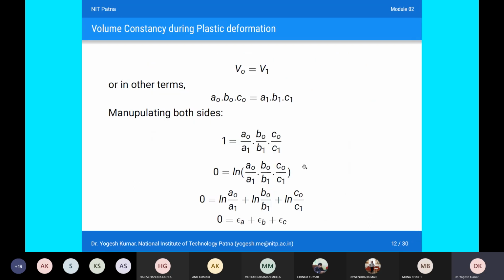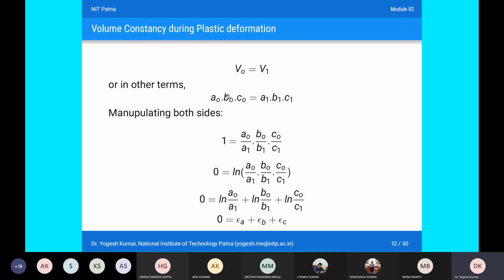Okay, so we can write V0 is equal to V1, or in terms of dimensions, we can write A0 multiplied by B0 multiplied by C0 is equal to A1 B1 C1. Okay, so this is quite obvious. Maybe you have done it in material science if there has been any discussion on elastic plastic strain. Manipulate both sides.